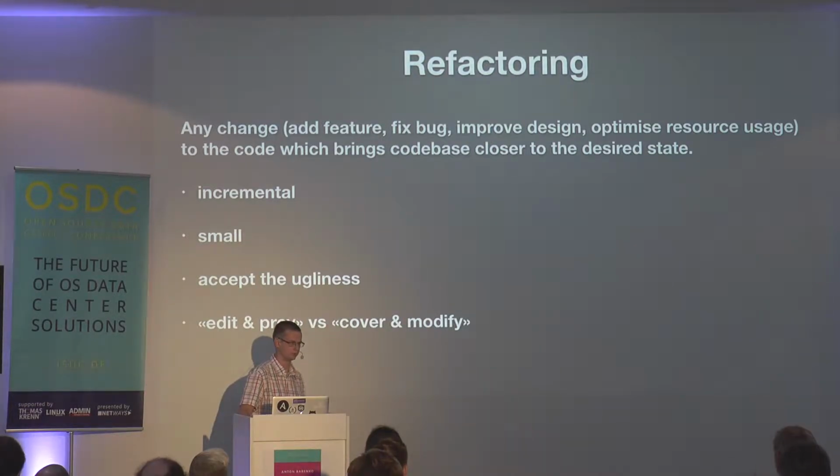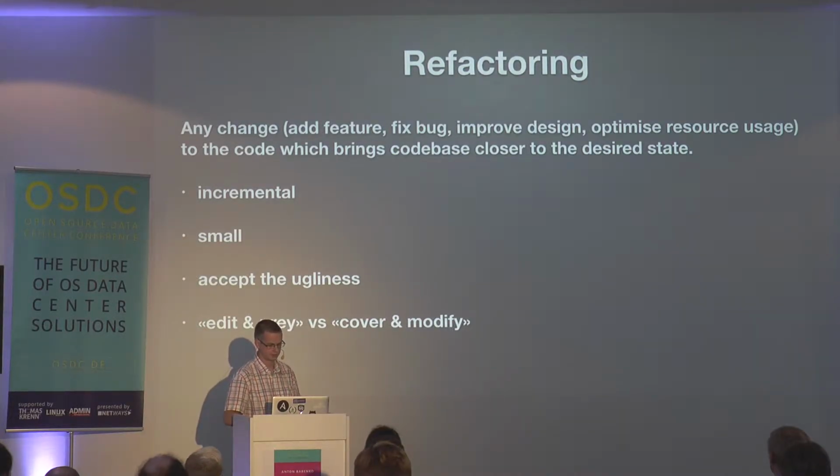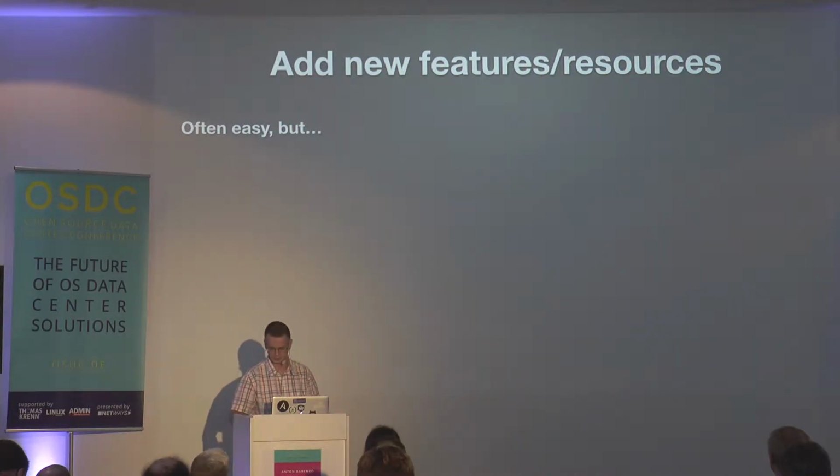Or another one is cover and modify, which is to cover with tests, implement some guidelines, and then modify and make sure that tests are not broken. Testing is pretty complicated as of now in Terraform, so there is no single solution which can be used.